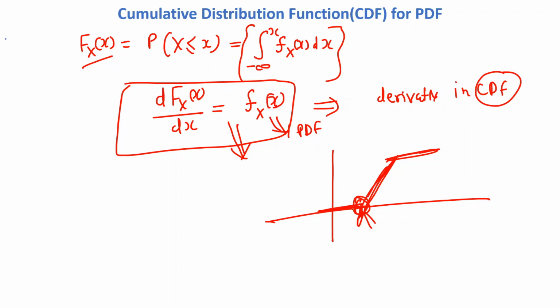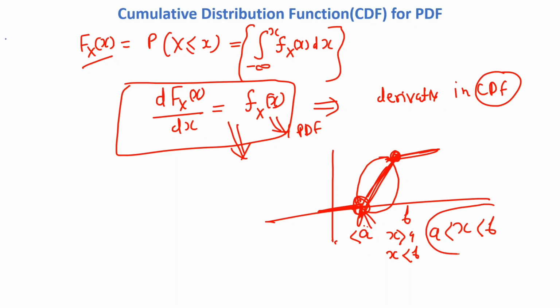I think no. So this will work only between a and b. When x is less than a or x is greater than b, you will also not get the gradient or derivative, because there is no slope.